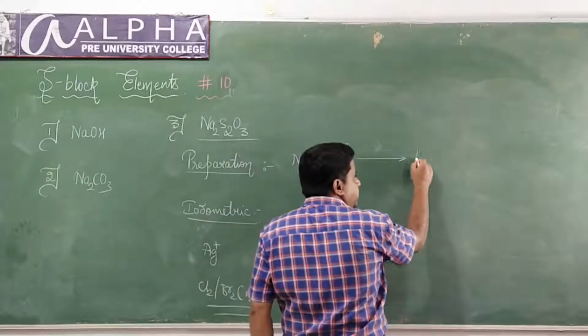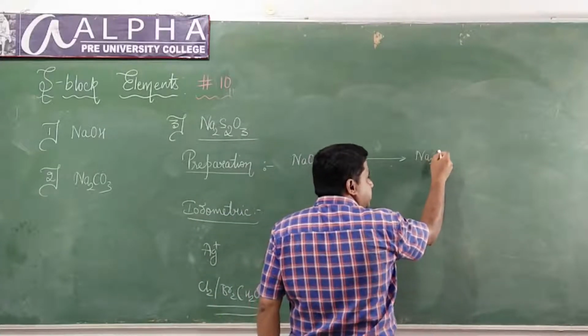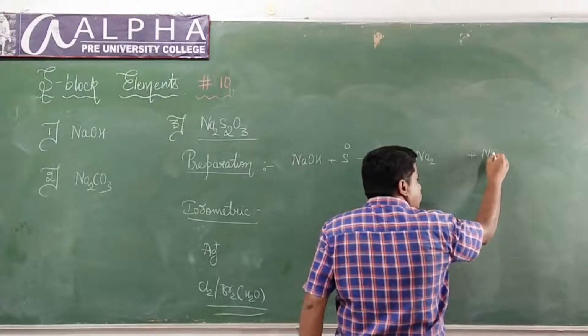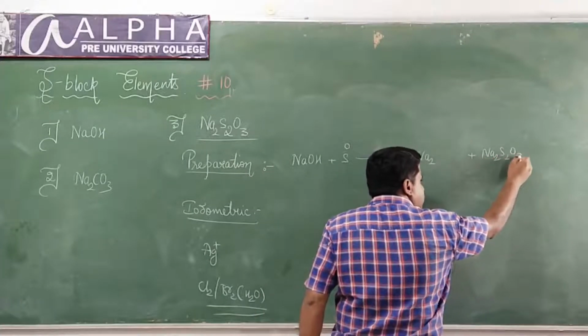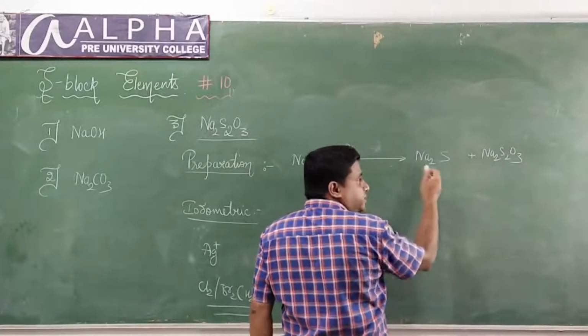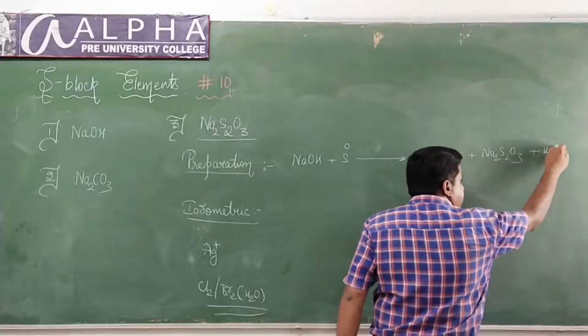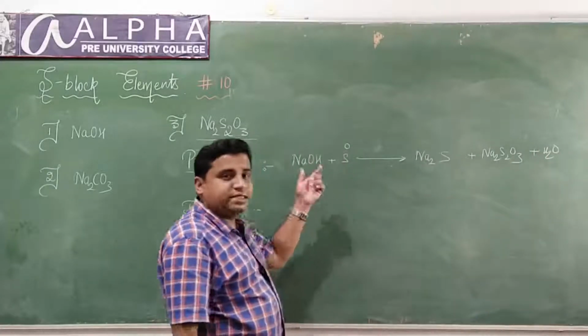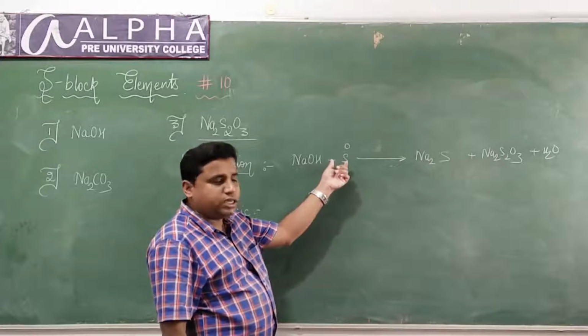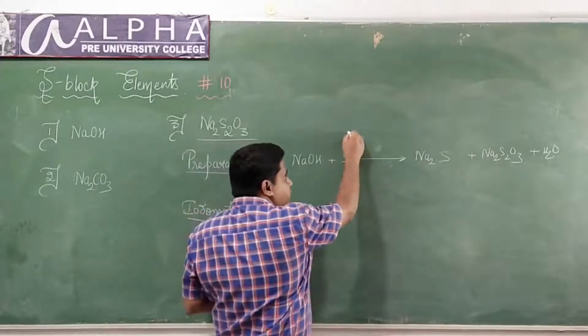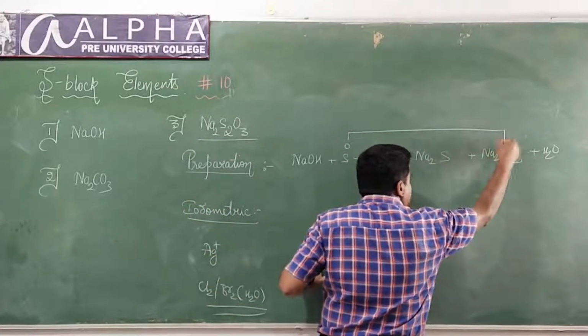Sulfur will be oxidized to sodium thiosulfate, and sulfur will be reduced to sodium sulfide plus water. It is an example of a disproportionation reaction.